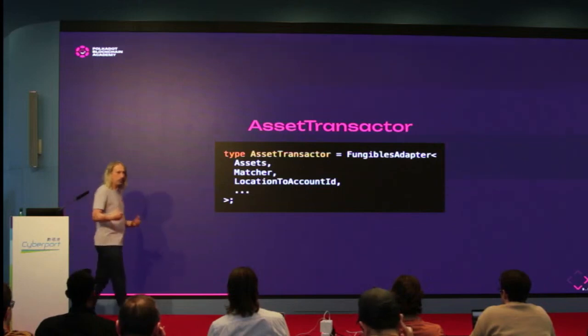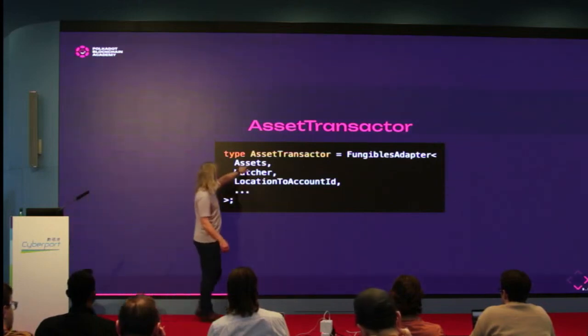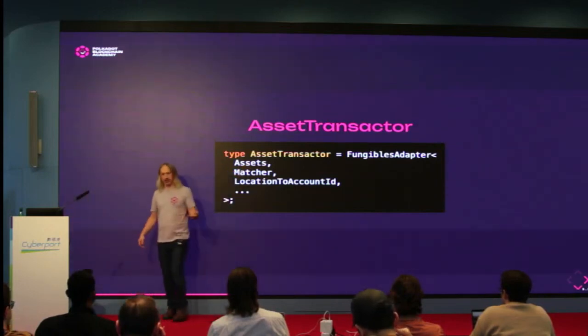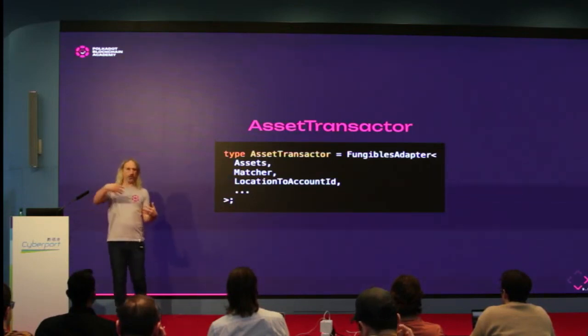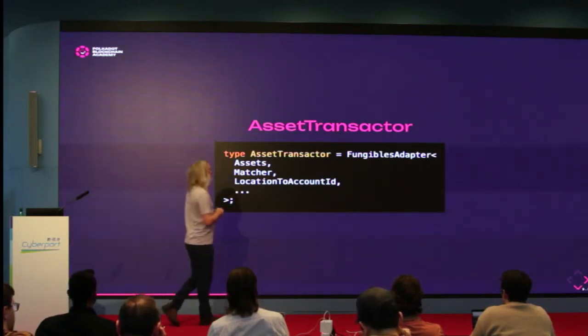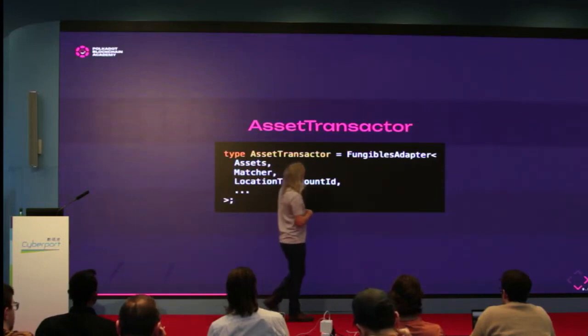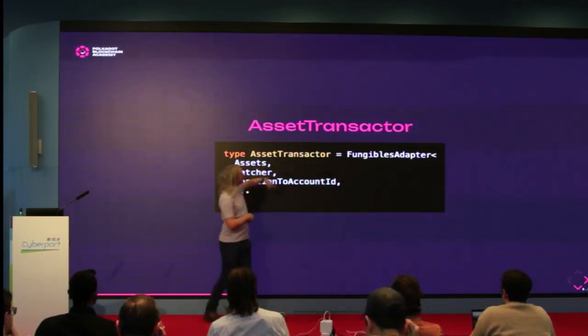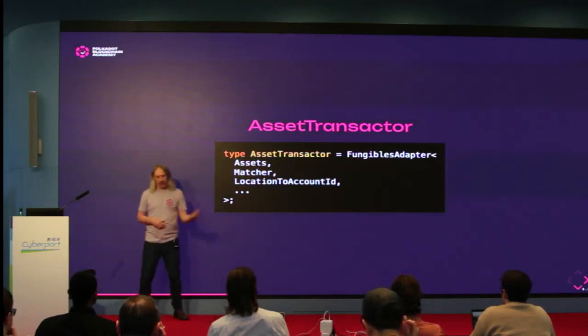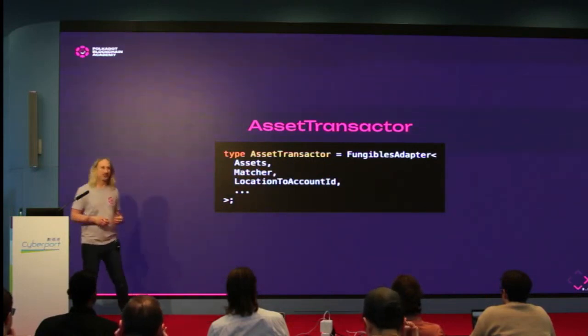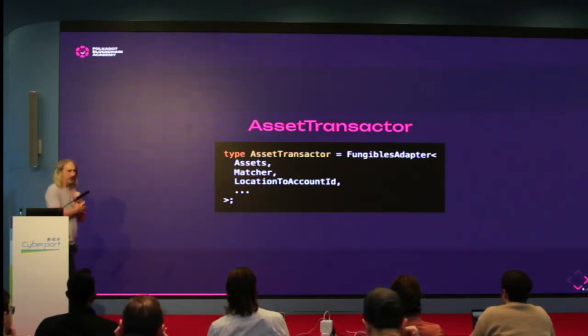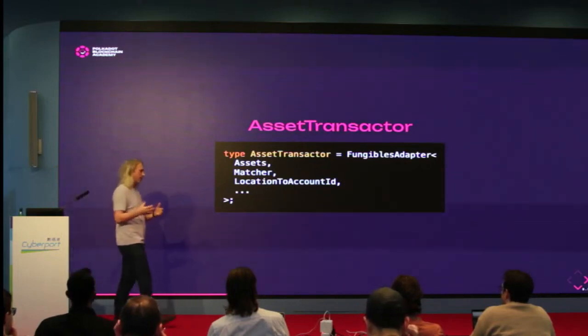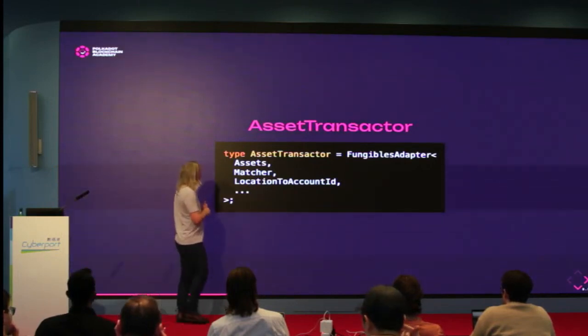So it takes one particular type, in this case the assets pallet, and it translates it into another type, something that XCM can use directly, something that the XCVM understands directly.